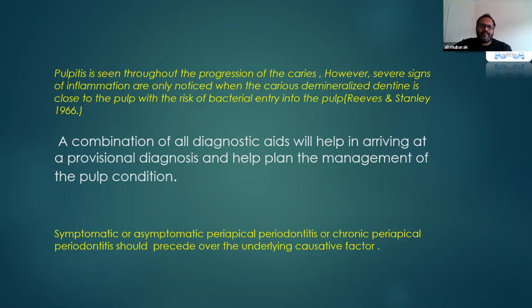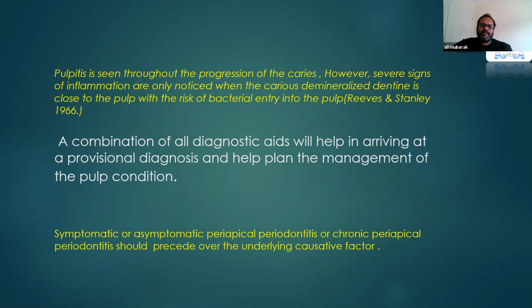Now, if you see the caries extending deep into the dentine, then you'll have to plan accordingly. But if you see caries going into the pulp, then there is a risk of bacterial entry. You might end up doing root treatment. So a combination of all the diagnostic aids will help in arriving at a provisional diagnosis, and then it'll help you plan a treatment for the pulp condition.